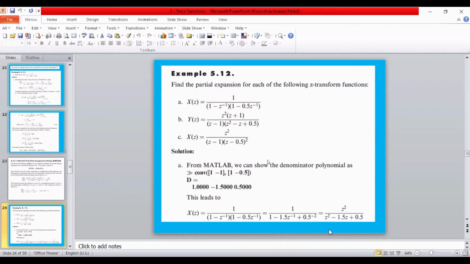Sorry, stupid question. Was convolution just basically multiplying brackets? Well, no. Convolution is actually a more involved thing, as we know, right? But here in this particular case, it allows you to do this multiplication. Convolution is a technique which we use for digital filters, which is more involved.